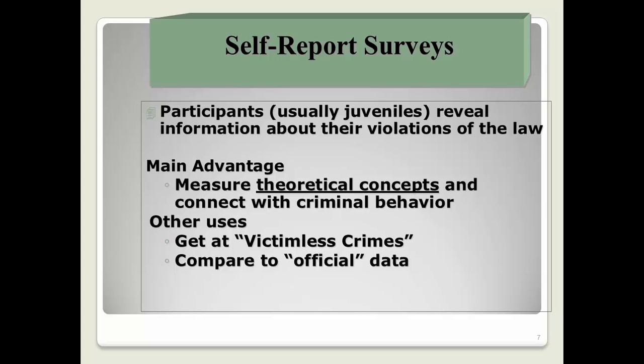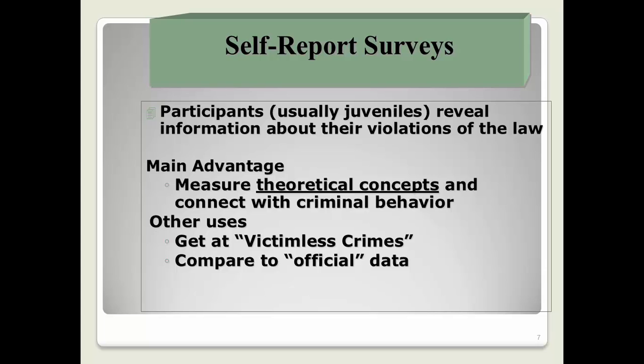So almost all self-report data is mom and pop data. It's individual researchers that have specific questions, and so they get a specific sample. We don't really have a national level self-report survey that we can use to compare with the UCR data. The big advantage of doing this is that in addition to asking people about crime, you can ask them about anything else that you want to.